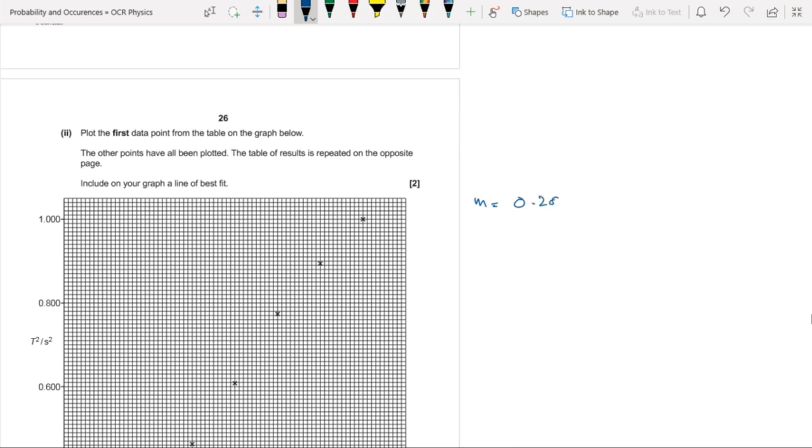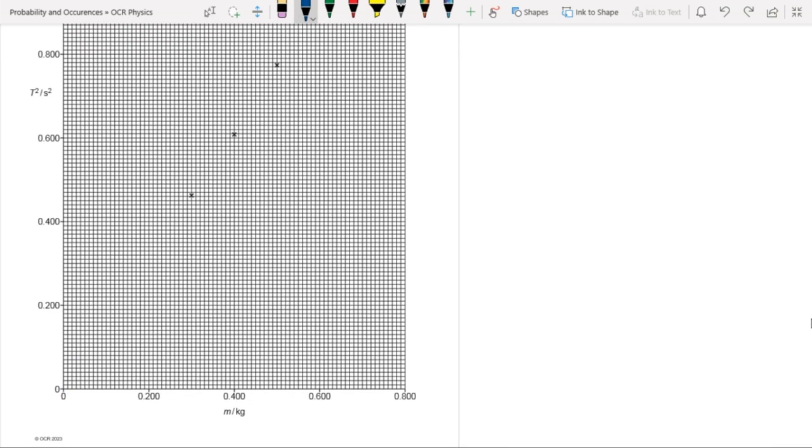So the mass, just for reference, was 0.2 kilogram and time squared was 0.372 second squared. First of all, we need to identify what the markings on x and y axis are equal to. It would be helpful if we write them down separately. There are 20 horizontal markings or 20 square blocks between 0 and 0.2.